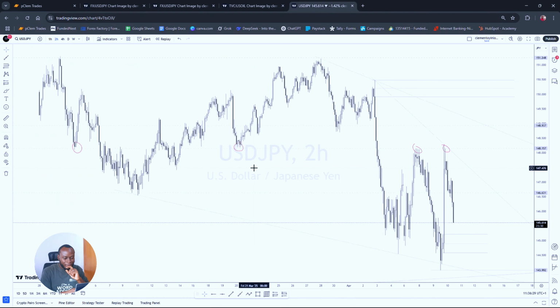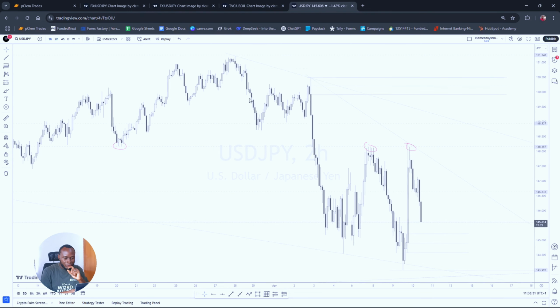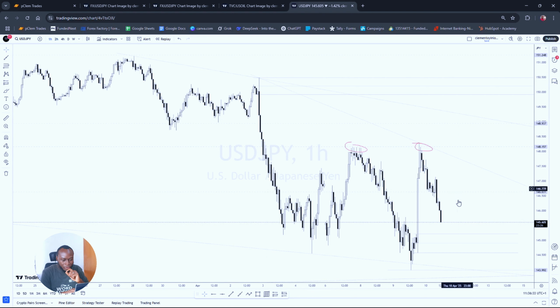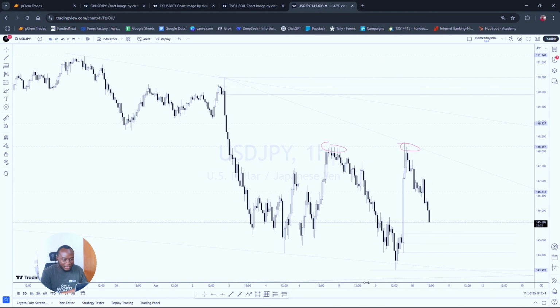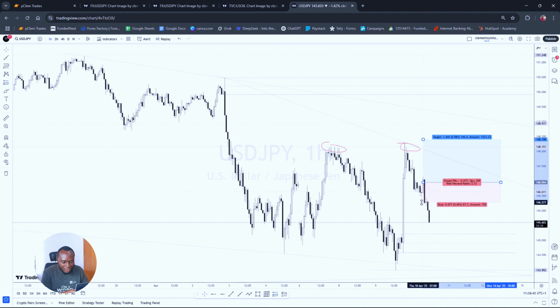And then it was while the trade was running in loss that I realized there is an order block below. Let me show you the order block, right? Let me go down to the 1 hour chart. So I entered the buy around this area, and my stop loss was here.